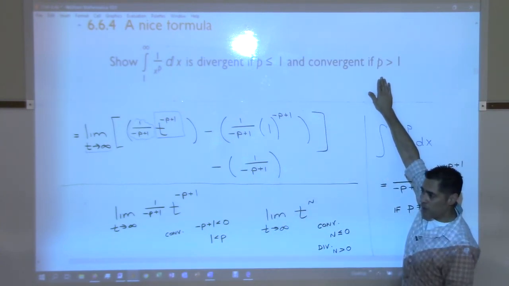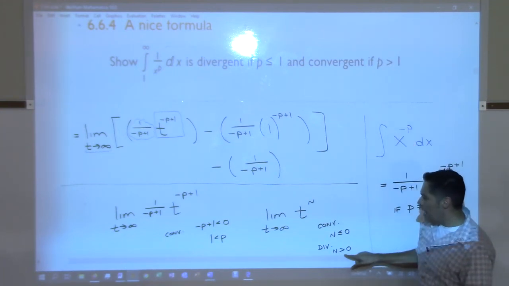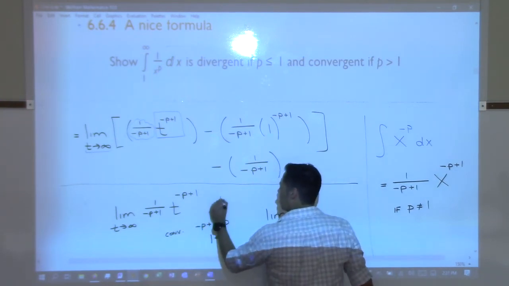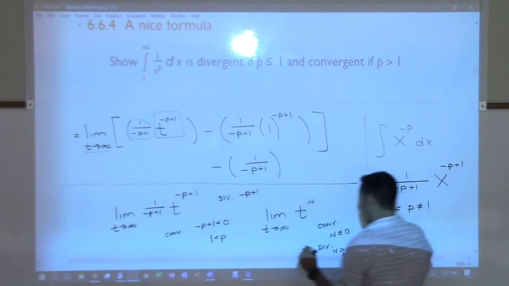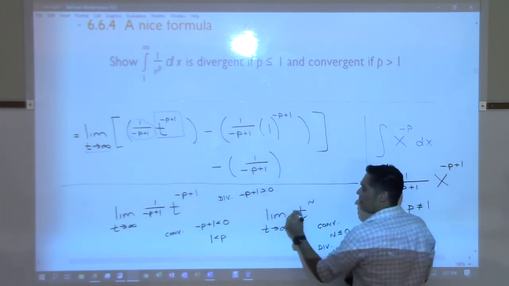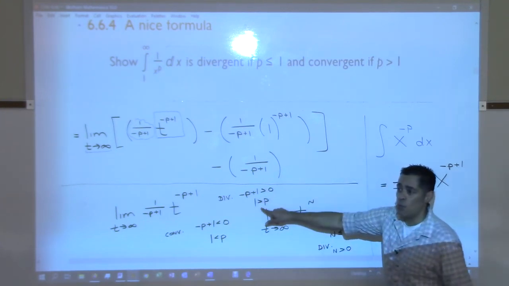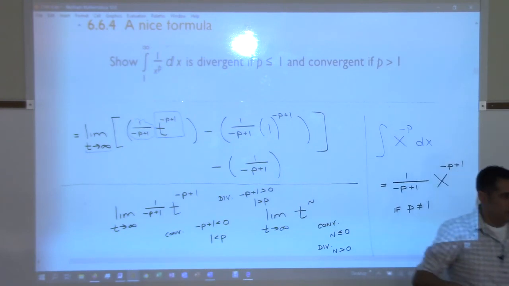P is bigger than 1 for convergence. Now, what if this power right here will have divergence if that power negative p plus 1 is greater than 0, right? Move the p over, that means 1 is greater than p, so p is less than 1. That's this, right? But what about the equals 1?